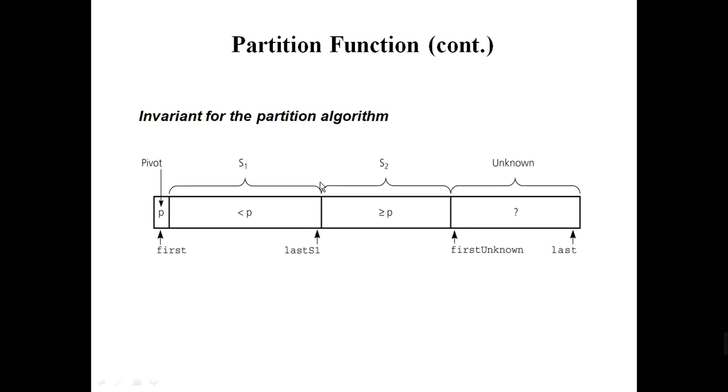So when basing on the invariant of the partition, you declare this is for the first element, the pivot; this is for the last of S1, this is for S2. Why? Because you divide all the elements.